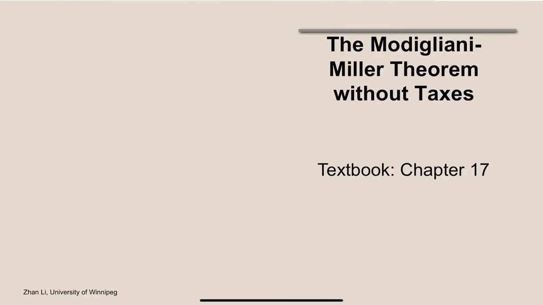Okay, now we have reached the second large part of this class. So we basically have finished the first large part of this lecture. We discussed CAPM, and the purpose of discussing CAPM is to use it to calculate the cost of capital, right?